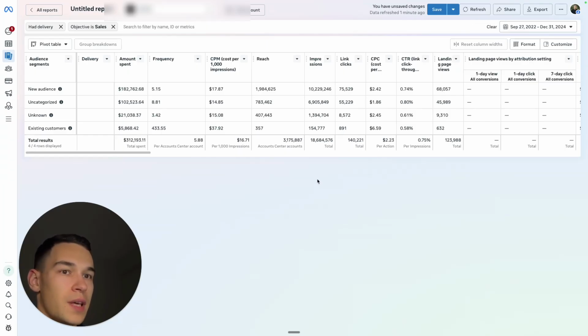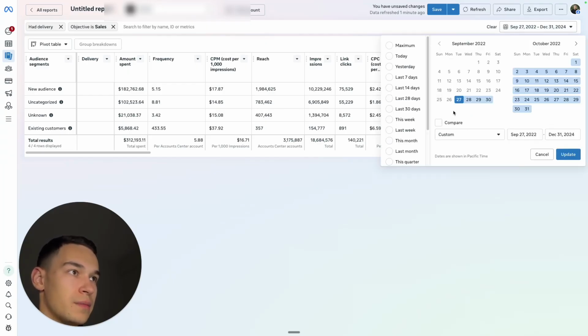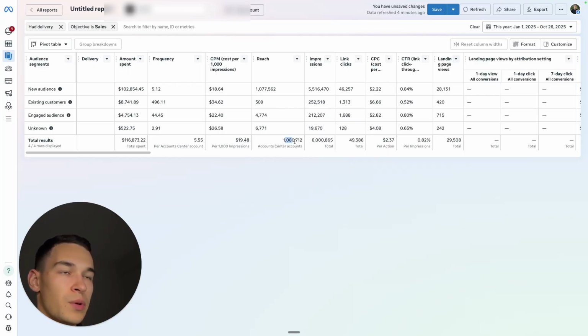All right, so 3.9 was for the maximum, and 3.2 is since the beginning until the end of the previous year, right? So the difference between these two, 3.9 and 3.2, is 700,000 new people they actually reached. If we check again back at the account this year, it's 1.1.